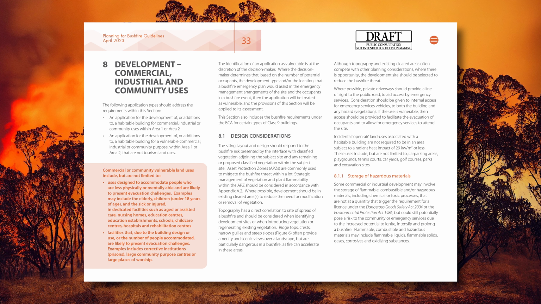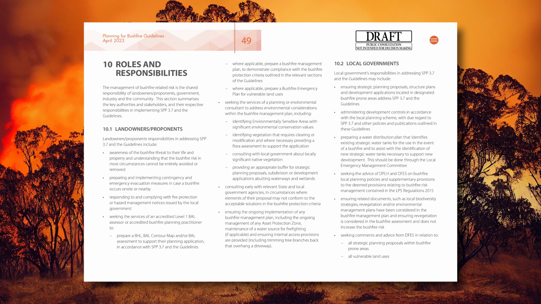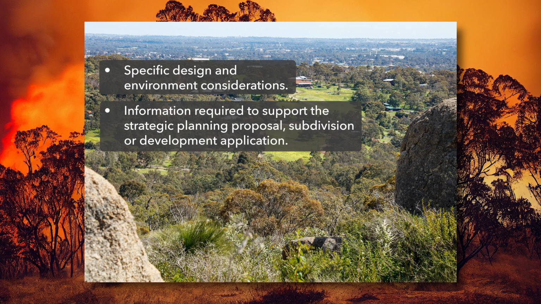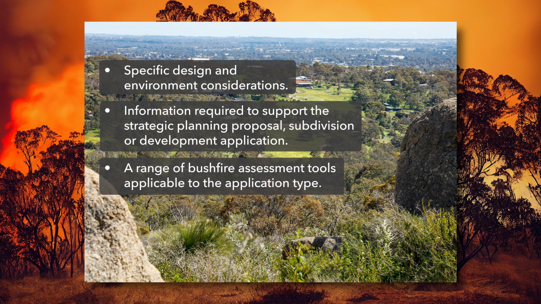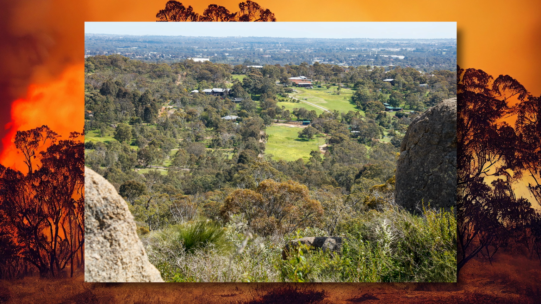Each section, which includes bushfire protection criteria specific to the application type, outlines specific design and environment considerations, information required to support the strategic planning proposal, subdivision, or development application, a range of bushfire assessment tools applicable to the application type, when a bushfire management plan and bushfire emergency plan is required.